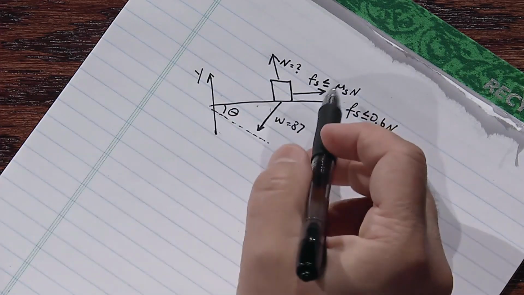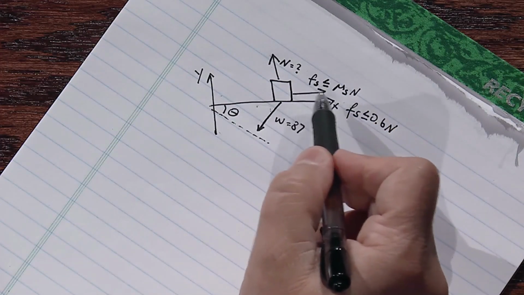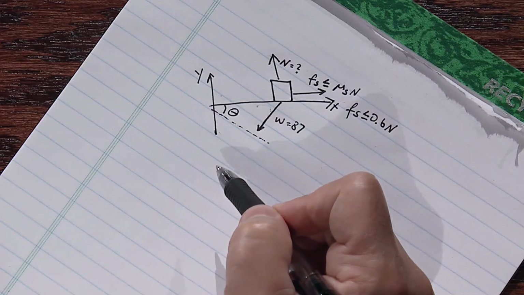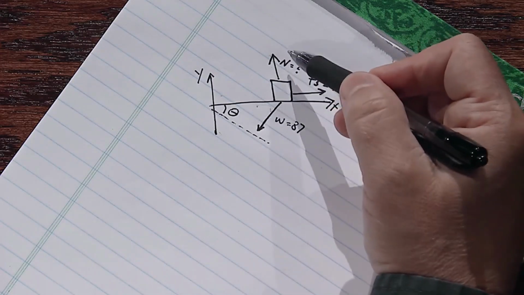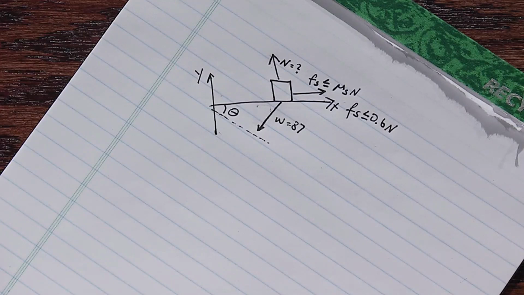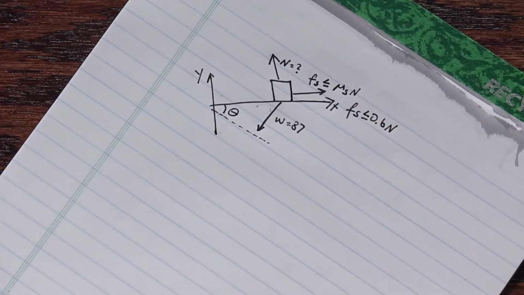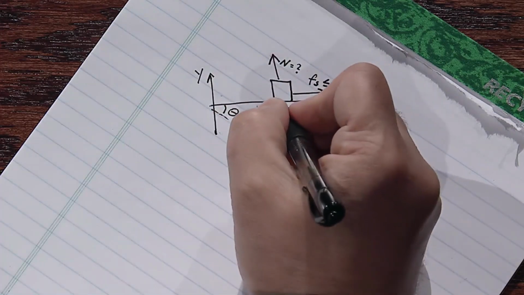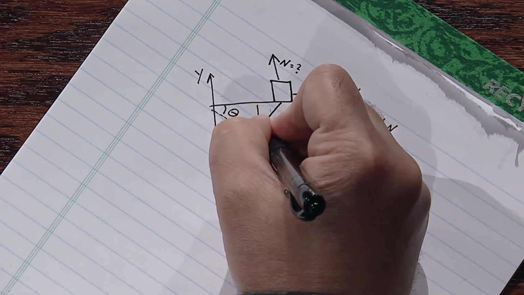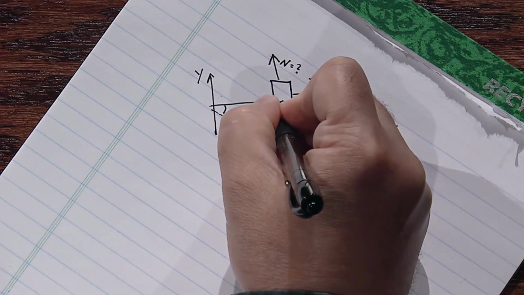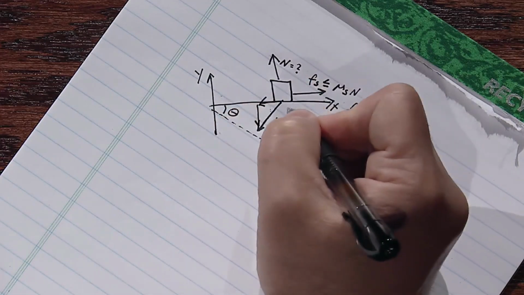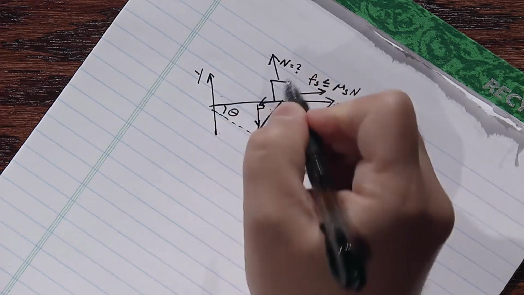Then the static friction force becomes completely in the x direction, the normal force becomes completely in the y direction, and the weight now has rotated so that it is down and to the left. So we have to break it into a triangle that is down and to the left. So this becomes our right triangle right here.